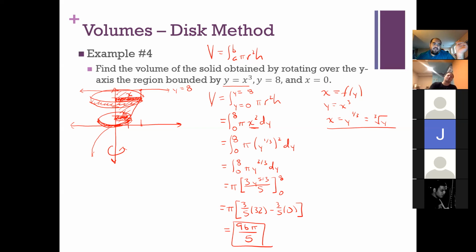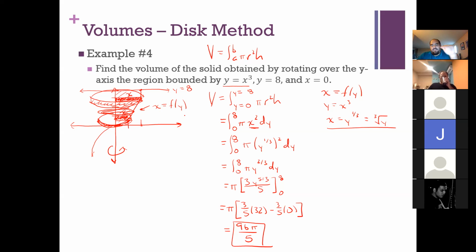So, if I were to draw a circle there, then the distance from this axis of rotation to the curve itself is going to be given by the x value of that curve, which is the same as saying f of y.